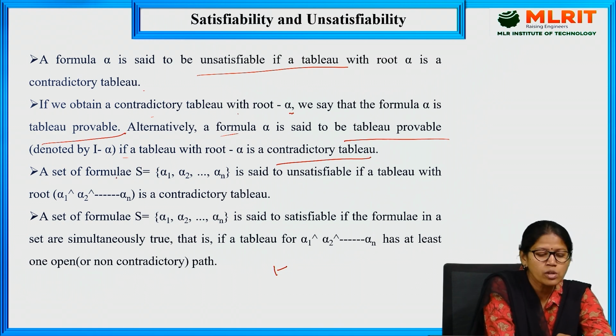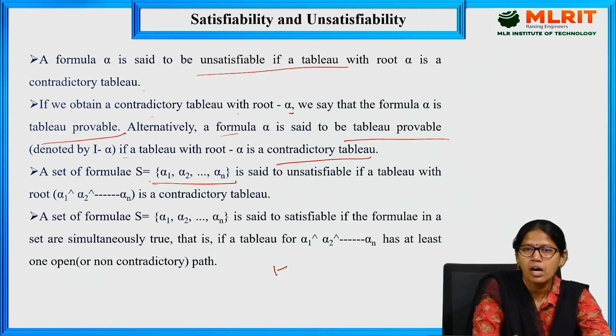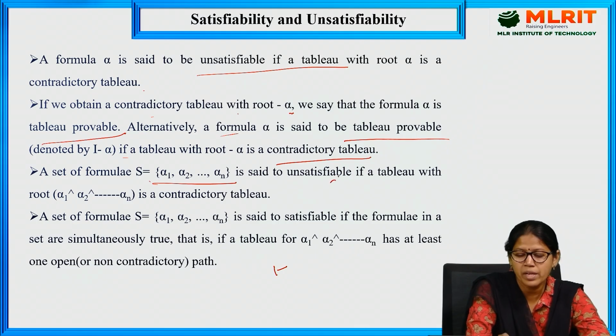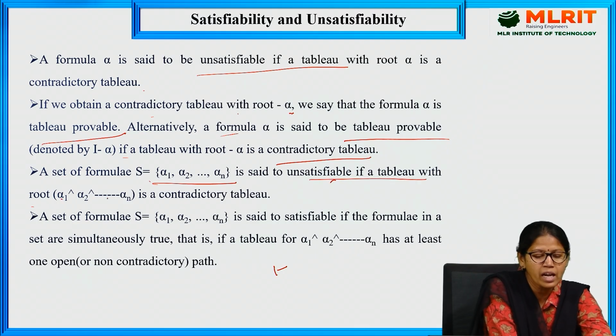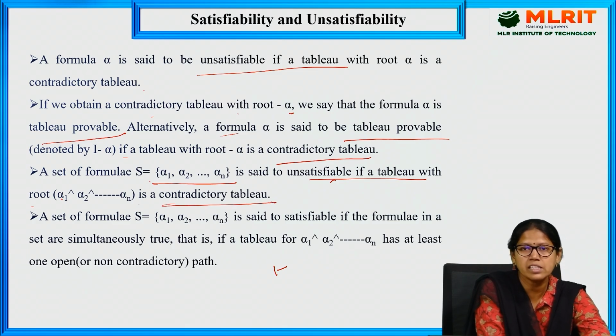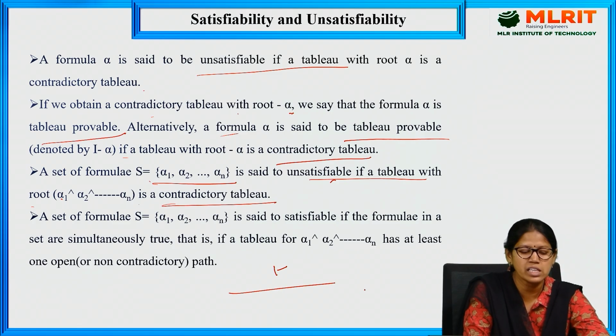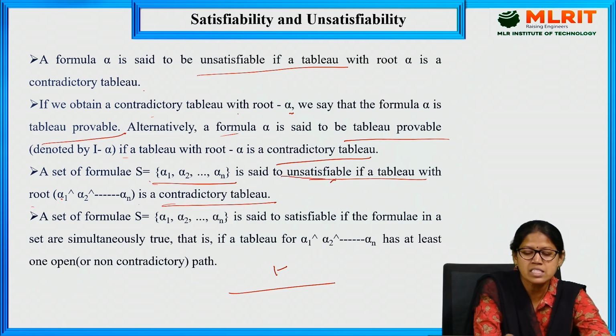Let's see. A set of formulae S equal to alpha 1 to alpha n is said to be unsatisfiable if the tableau with root alpha 1 to alpha n is a contradictory tableau. If all the branches are contradictory, then it is said to be unsatisfiable.